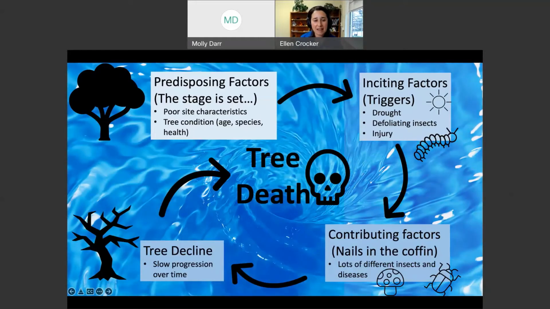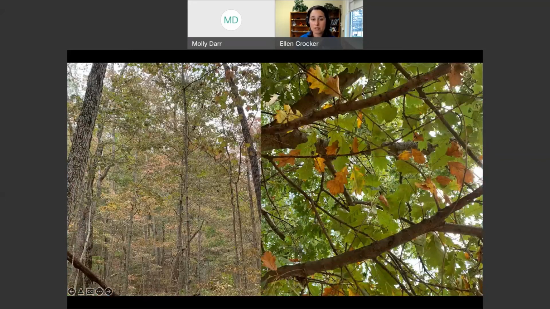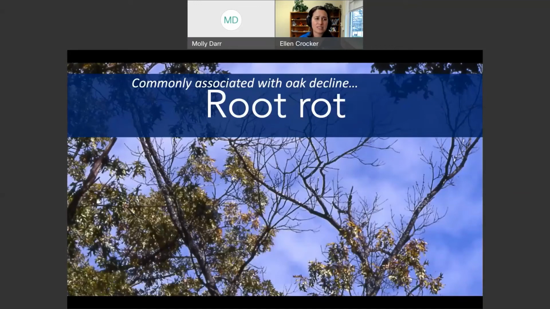And in my area, what I see most commonly for these inciting, contributing, and predisposing factors would be things like drought for an inciting factor. And then lots and lots of different contributing factors, things like root rot.